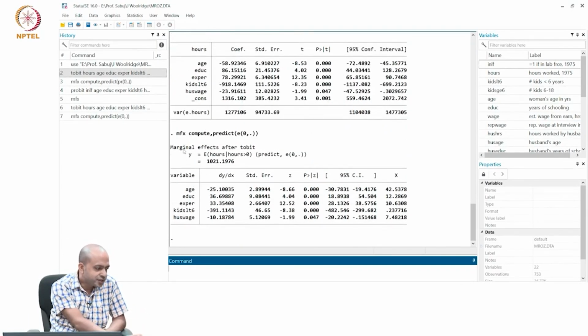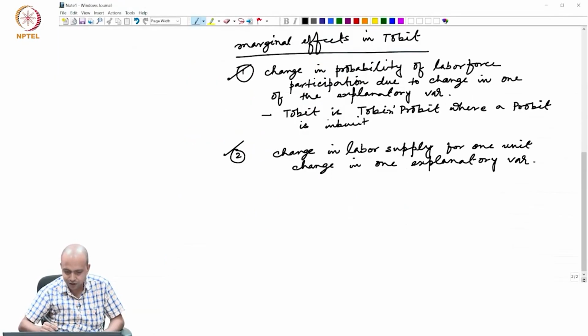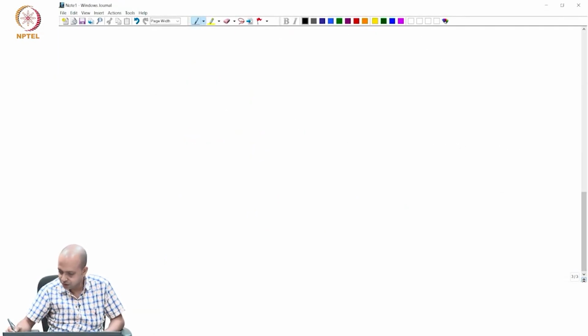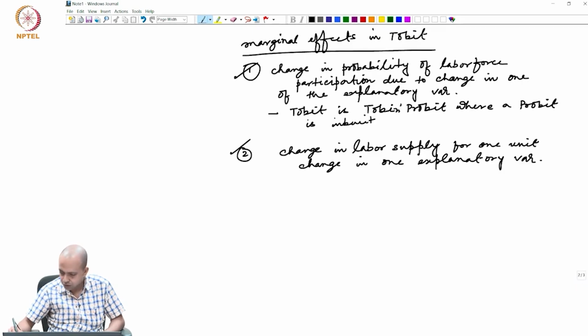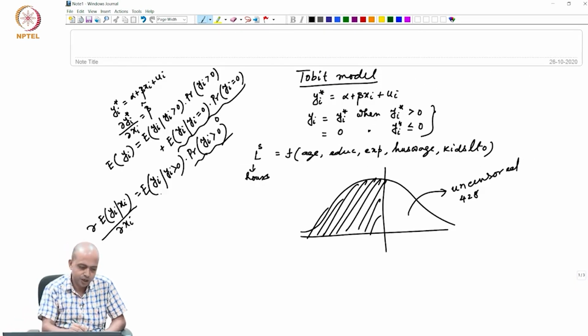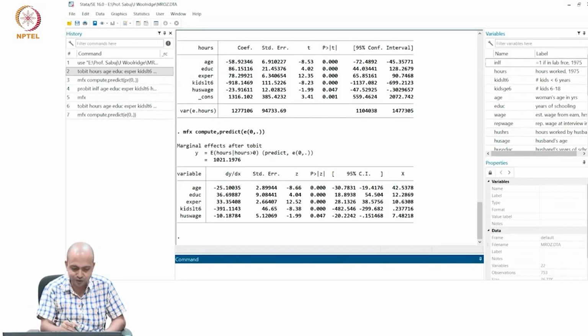Look at here, what Stata is first calculating? Expectation of hours given hours greater than 0, and multiplied with the probability. That is exactly what we discussed in our theoretical model, because the estimation is basically, look at this, expectation of y given y greater than 0 multiplied with the probability, and Stata is also first calculating this expectation of y given y greater than 0, and then this probability, right.